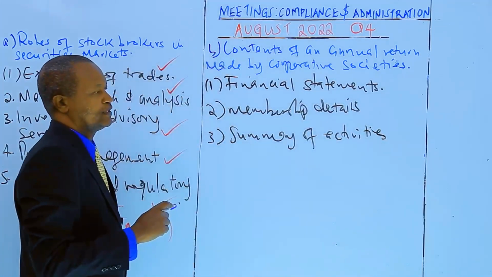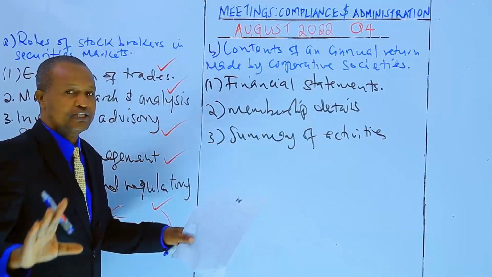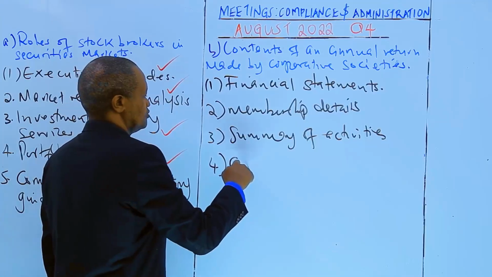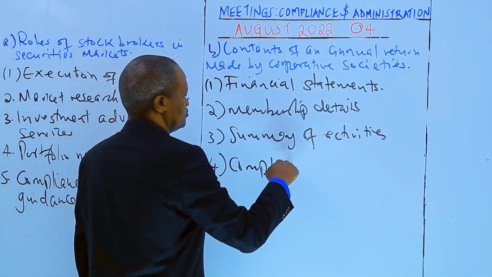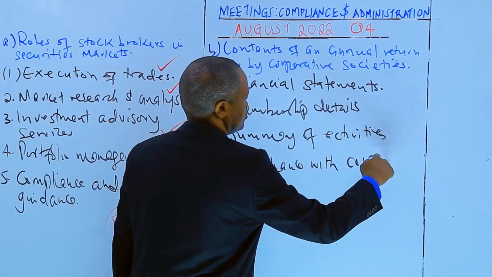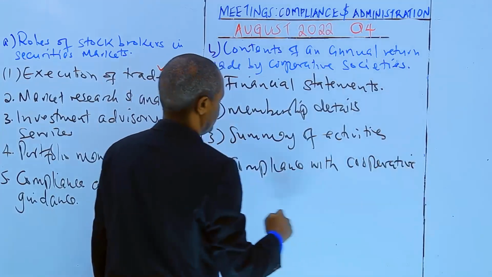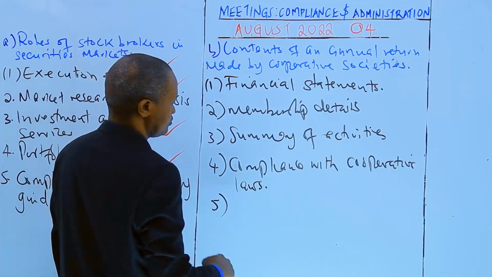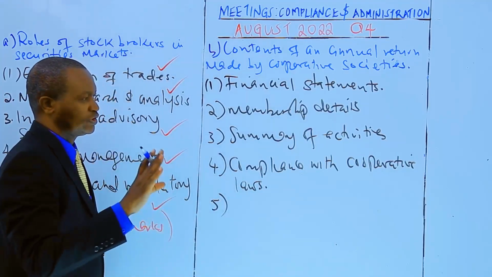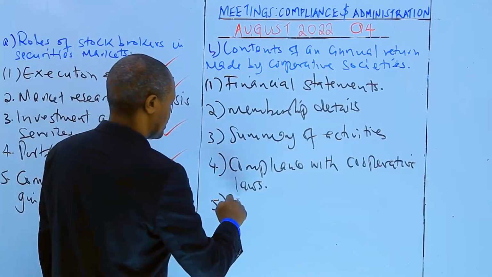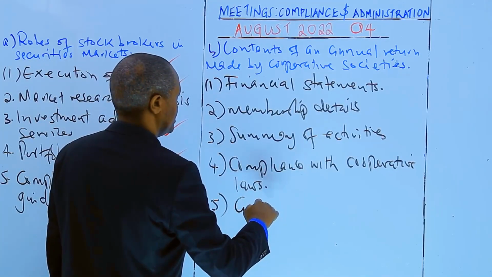Summary of the activities of the cooperative, compliance with cooperative laws. The governance structure may be part of the return.